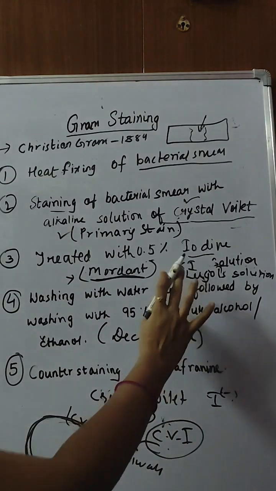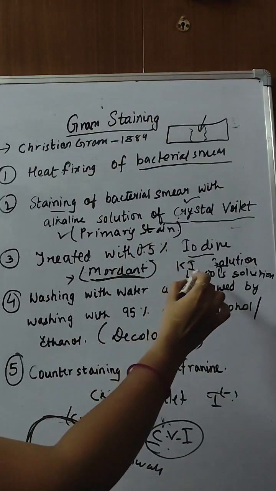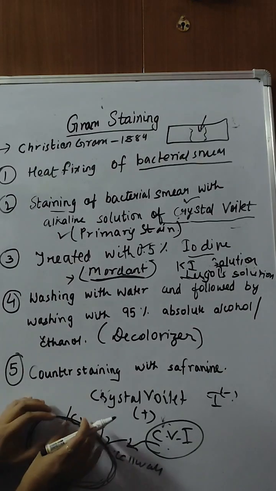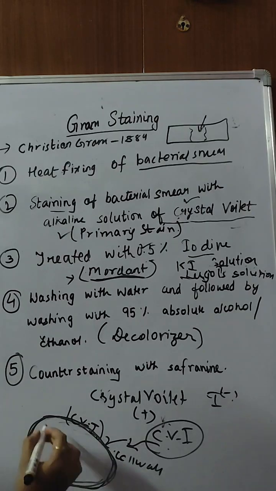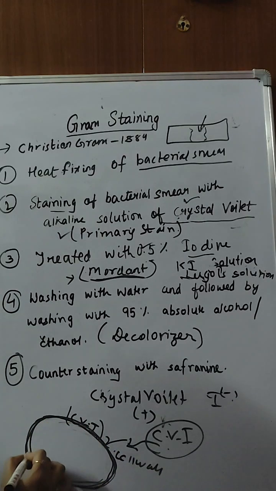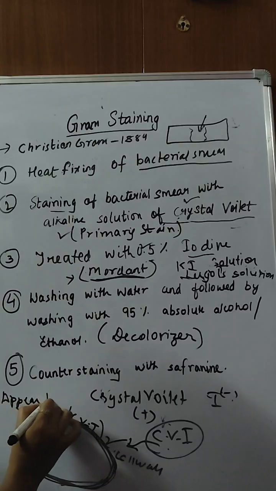The answer is KI solution, iodine solution, or Lugol solution. After fixing with iodine solution, the stain has been fixed on the cell wall, and it is going to appear blue or violet in color.